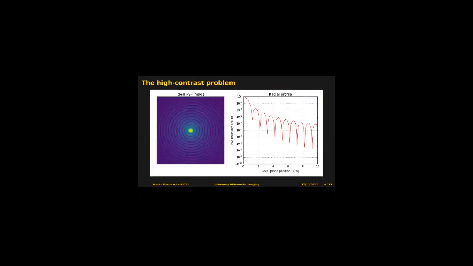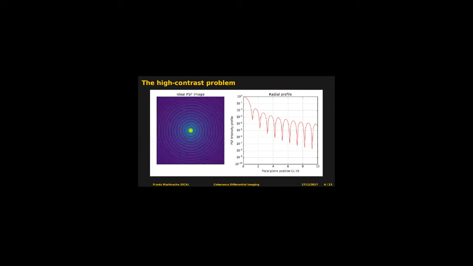It's really hard because even if you take the textbook description of what a telescope is, this classical diffraction pattern, the Airy function, for which you draw a radial profile, as you go further away from your object, it gets fainter and fainter and fainter.